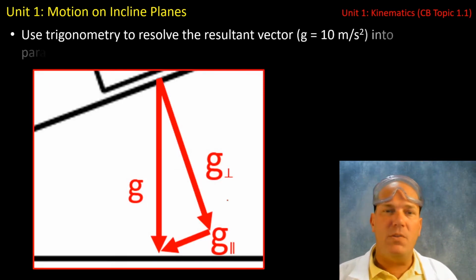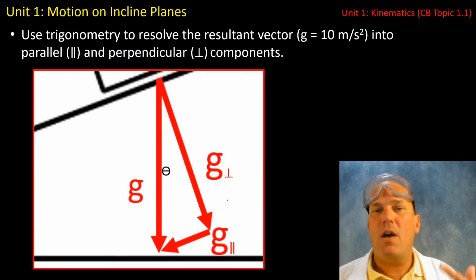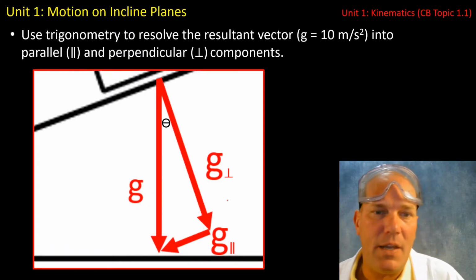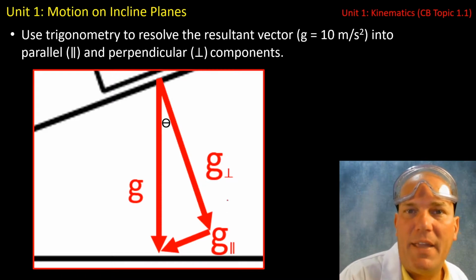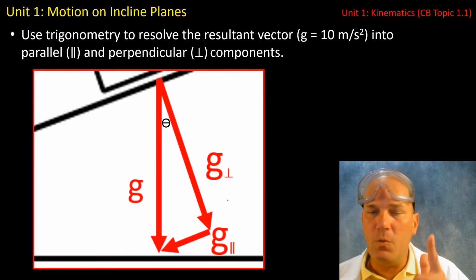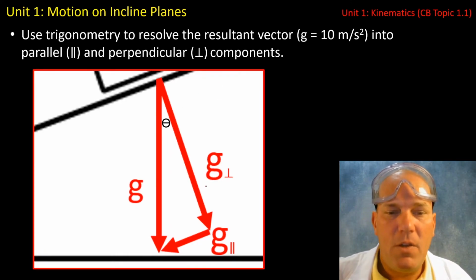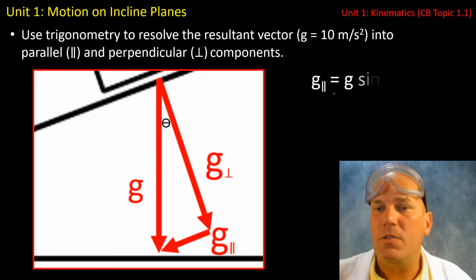We're going to be using trigonometry. I've just explained that this angle theta is the same as the angle theta of the incline above the horizontal. Regardless of what that angle theta is, this is how it will break down in our right-angled triangle.